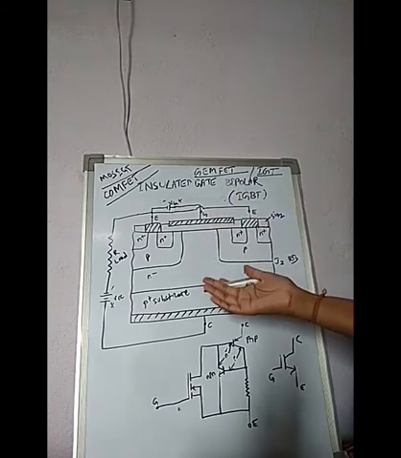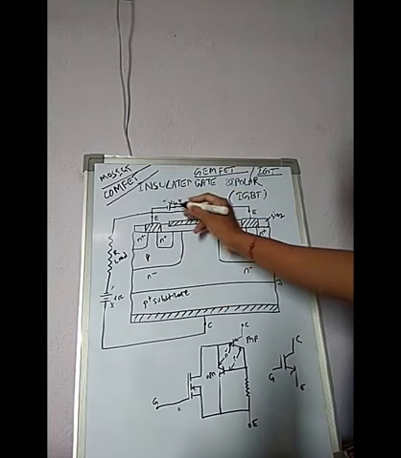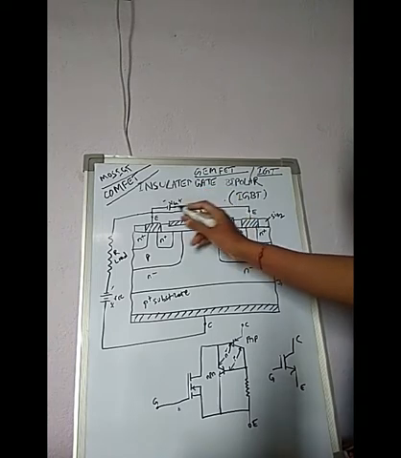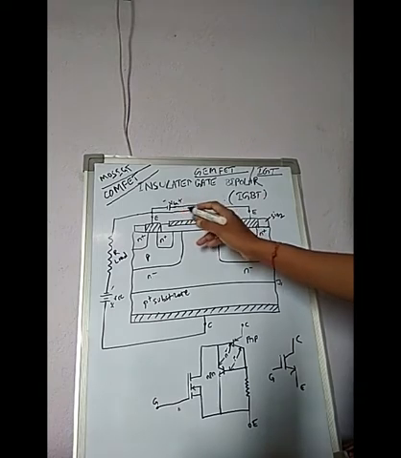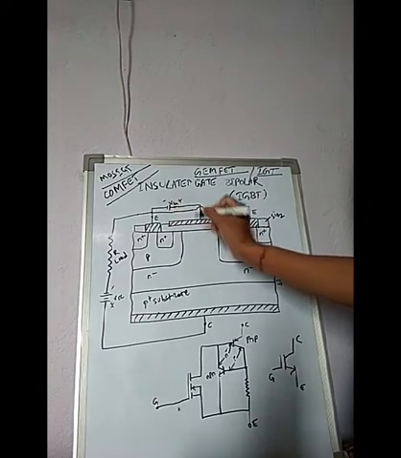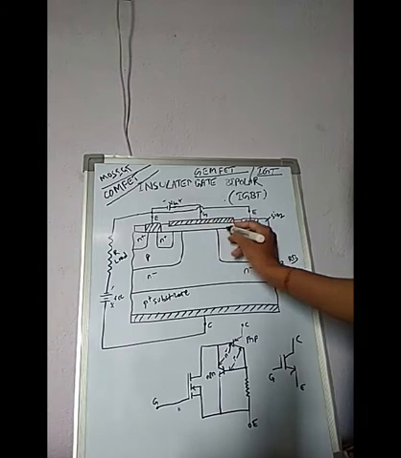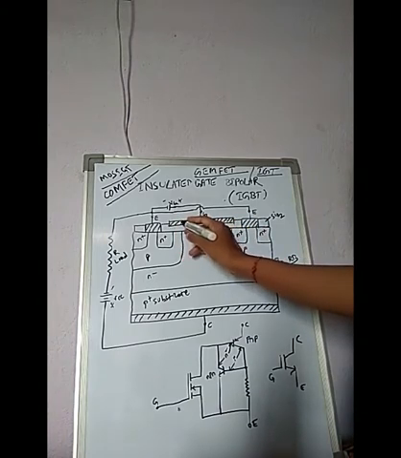Same as in a MOSFET. When we connect the gate to the positive terminal and the emitter to the negative terminal, there is an insulating medium here, the SiO2 layer, and the gate is a metallic part.